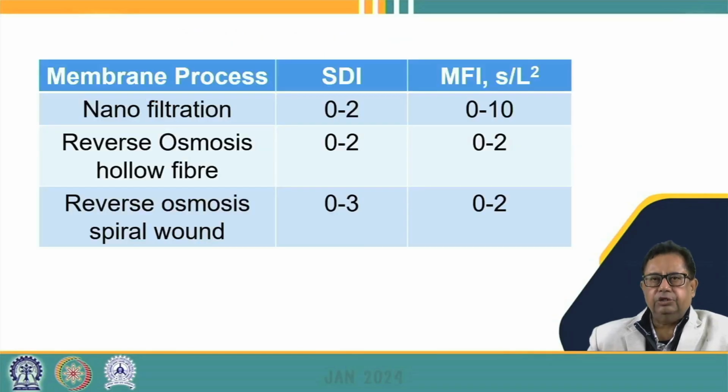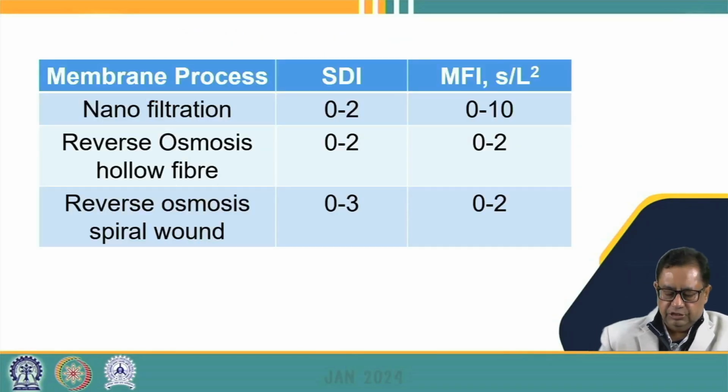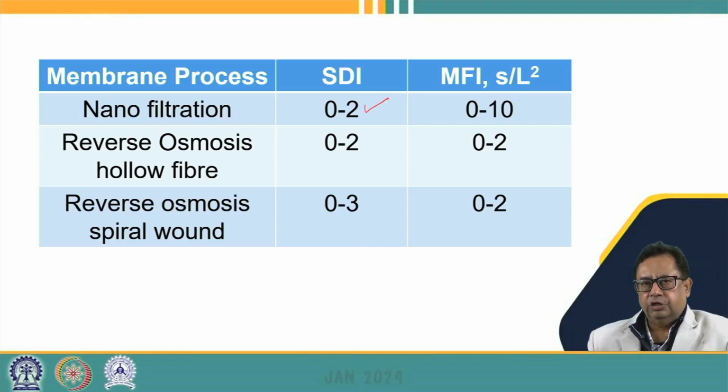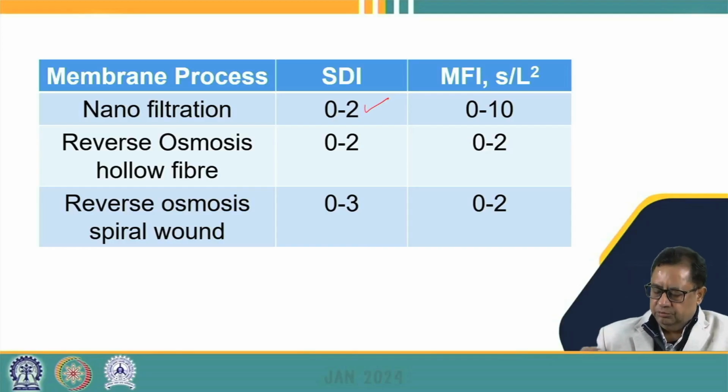After calculation of these indices, the SDI values or MFI values can be obtained. For nanofiltration, if our SDI values are between 0 to 2, then it is okay to take the water through the nanofiltration process. Similarly, if the MFI values are between 0 to 10, then the nanofiltration process can be feasible.